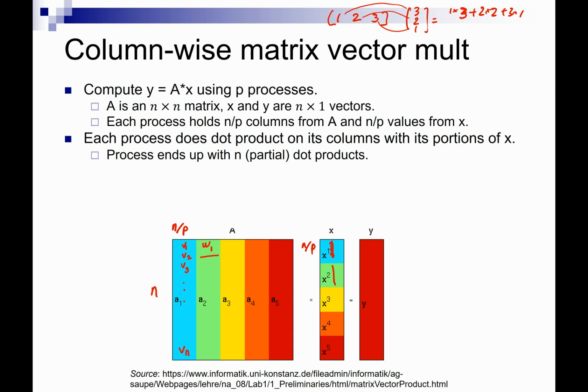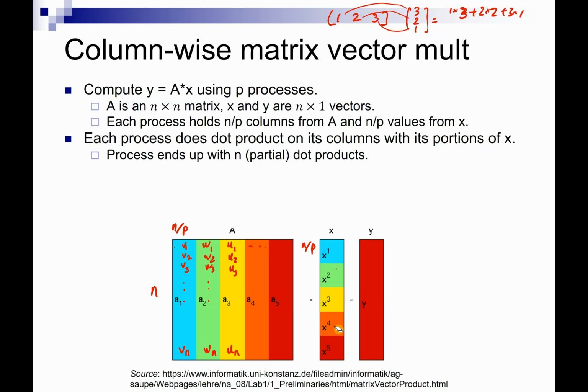Then it's going to take the second row, and again dot product with these x values, producing w2, then w3, and so on, and it's eventually going to end up with n values. Now the third process does the same thing. It takes its first row, multiplied by these yellow values, and gets a value u1, and then u2, u3, and so on. Everybody basically does this.